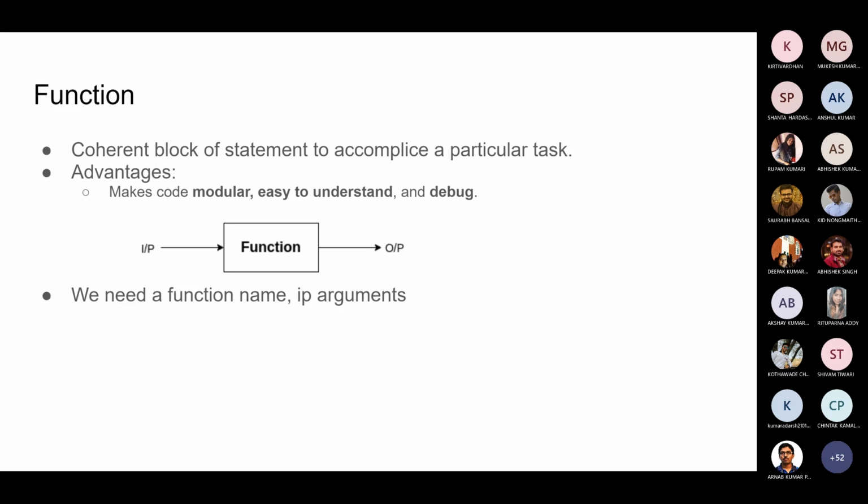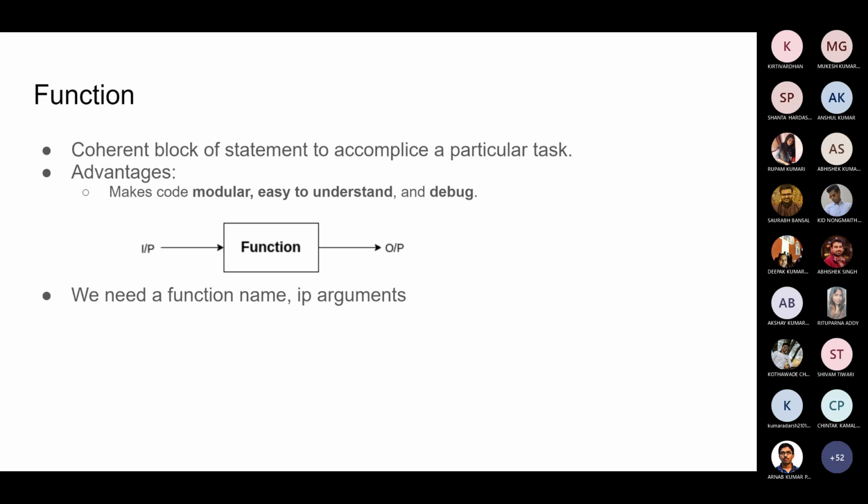In a similar way, if we divide the whole task of a program into functions, the code becomes more modular, easy to understand, and easy to debug. Suppose we have to call a certain function which adds two numbers. If we have written it as a function, we just have to call it again and again wherever required.